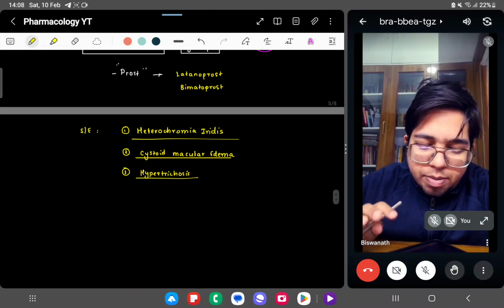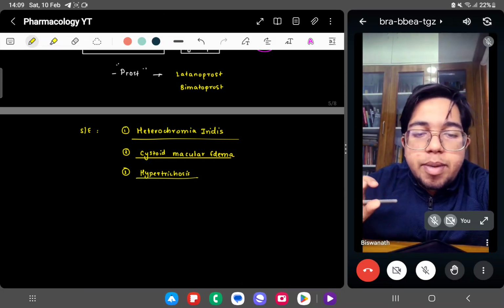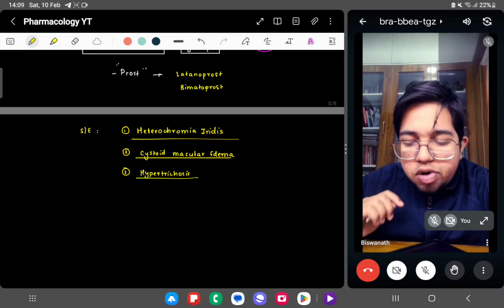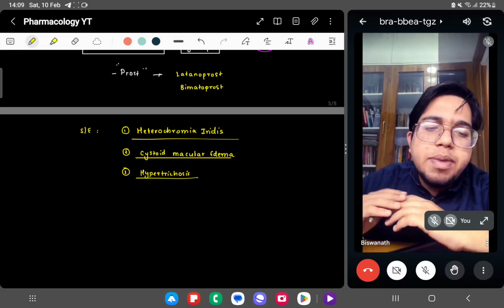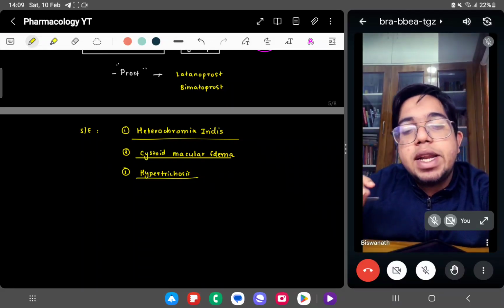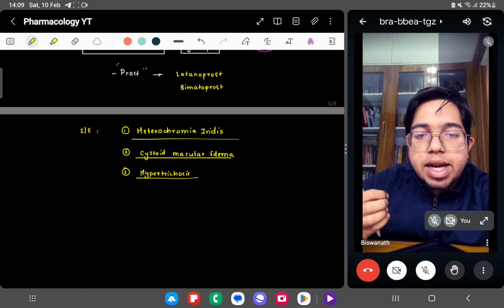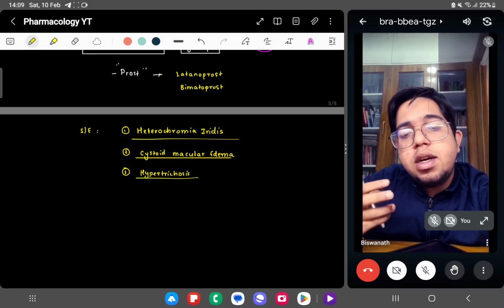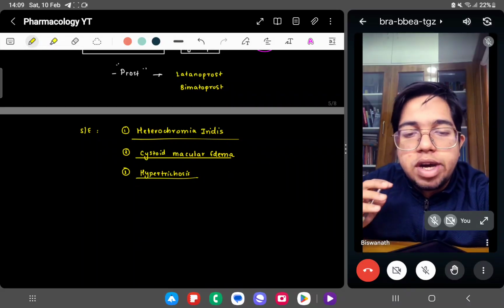You know about the causes as well. Cystoid macular edema, I told you, is edema of your macular blood vessels, retinal blood vessels. Heterochromia iridis, the cause is simple. If there is inflammation, there will be decreased melanin. The cells will not use up melanin, so the melanin decreases, and due to this decrease in melanin, the eyeball generally becomes grayish in color.